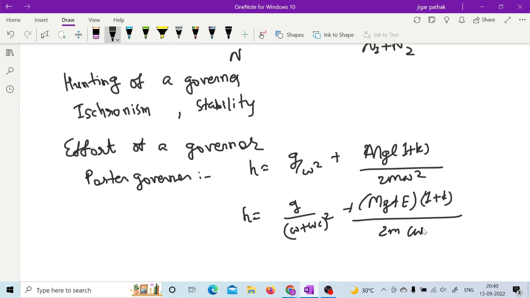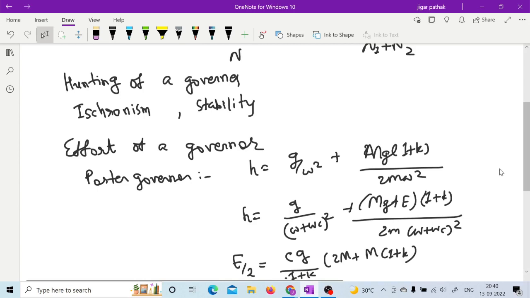Once you provide these changes, you can calculate your effort, right? If you simplify it, you will find it as c g upon 1 plus k, 2m plus m 1 plus k, right? So this is how you can have your effort of a governor.